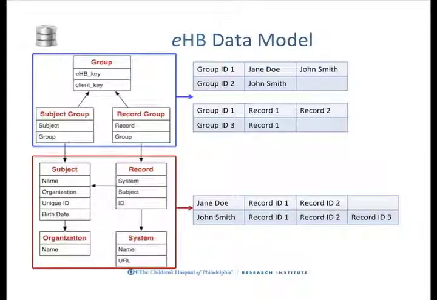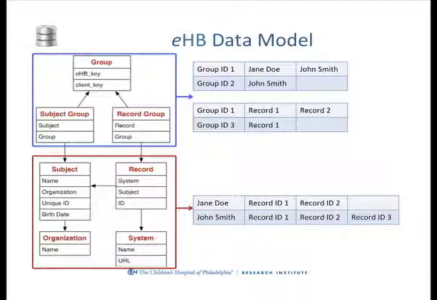So I'm going to dive into our model a little bit here. I don't have time to go terribly far into it, but the data model in the electronic honest broker is represented here, at least the important parts. The part on the bottom in red represents effectively that there's a subject. Associated with that subject is an organization, so we can think of, say, Jane Doe at CHOP, and then there's a series of records associated with that subject, and these are record IDs in some external system.